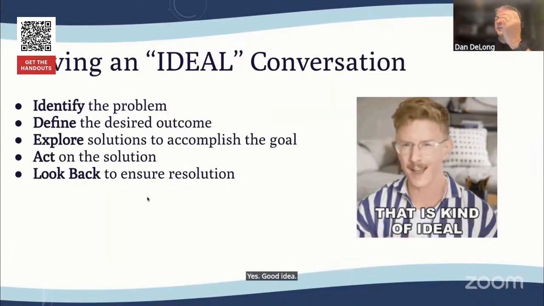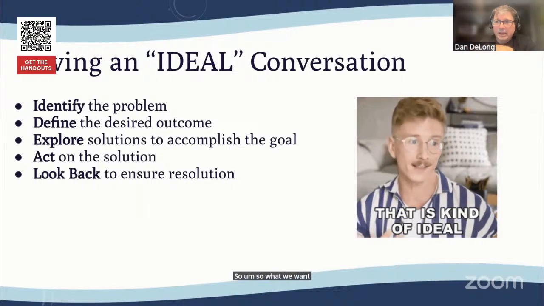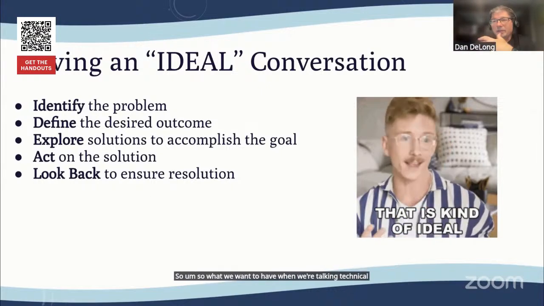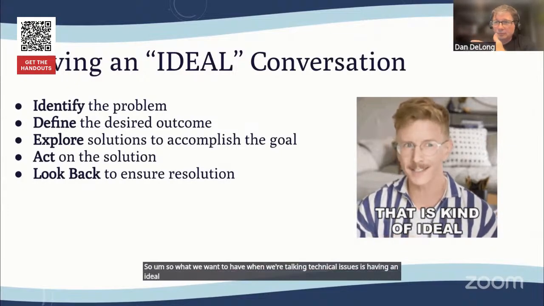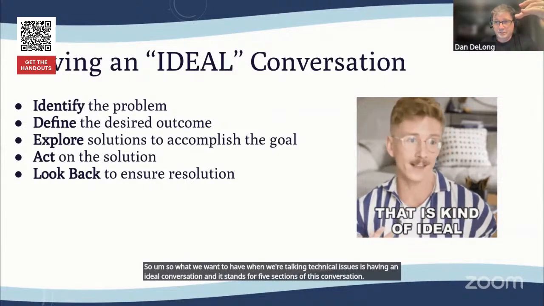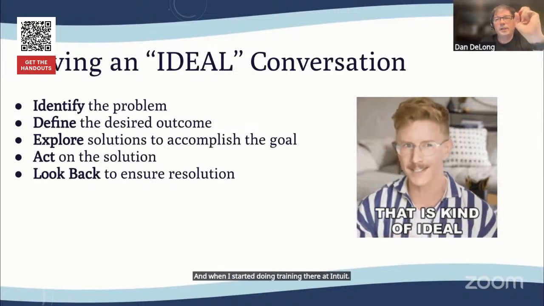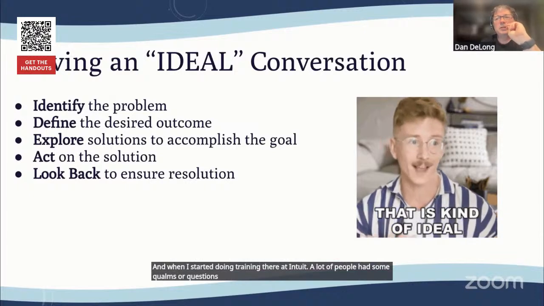All right. So what we want to have when we're talking technical issues is having an ideal conversation, and it stands for 5 sections of this conversation. And when I started doing training there at Intuit, a lot of people had some qualms or questions about the difference between the two.